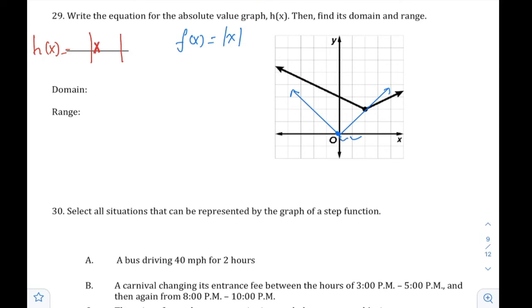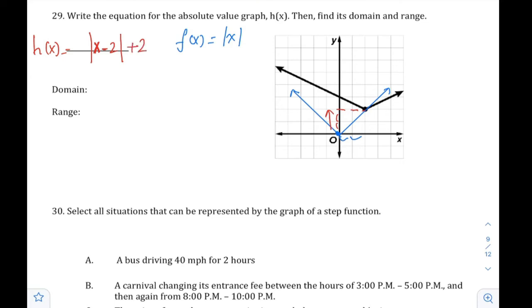Inside, I will write -2 because it has been moved to the right. Now, also we can realize here that it has been moved 2 units up. So I will add 2 outside the group.